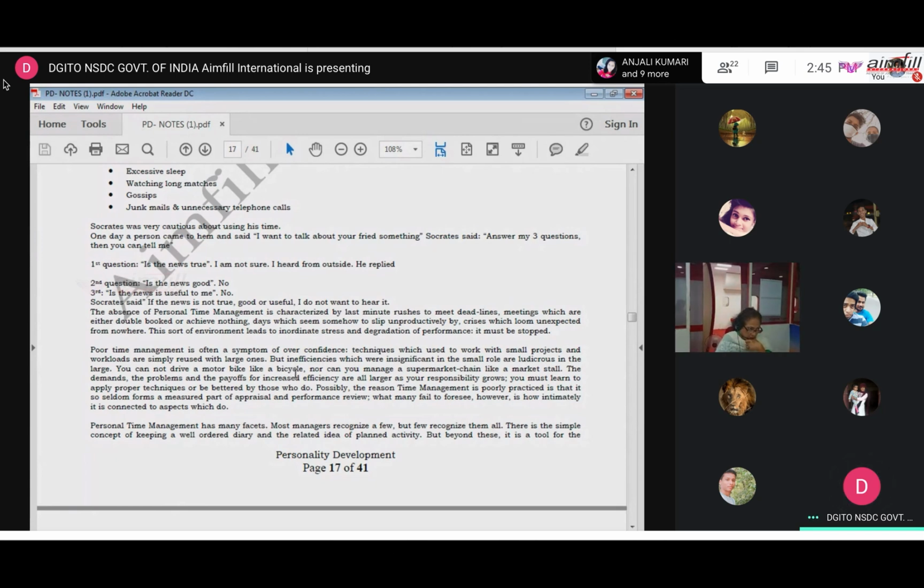Can you do it? No. The bicycle and the motorbike are 2 different things. Their movement is different, their timing is different, everything is different. Same way, you cannot manage a supermarket chain like a market stall. The technique is different. So if you think you will take a similar amount of time to go on a bicycle and a motorbike, then you are fairly wrong. Each one has a different time and each one needs to be worked out. Okay.